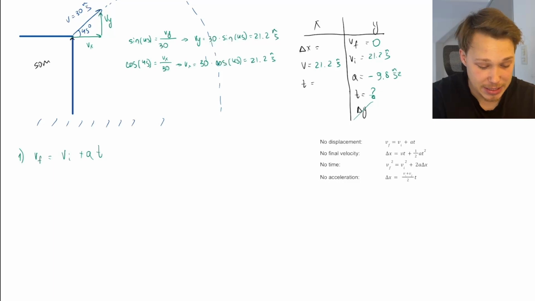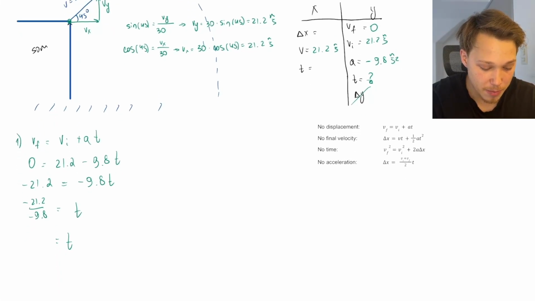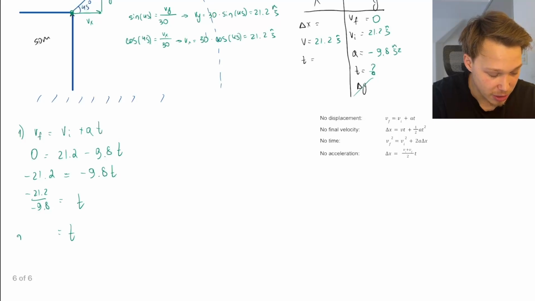Final velocity is 0 because again, we're at the maximum height. Initial is 21.2, acceleration is negative 9.8. Now I'm just rearranging it by subtracting 21.2 from both sides and dividing by negative 9.8 on both sides to find the time it takes to go from here till up. Once I plug it into my calculator, it is 2.15 seconds.